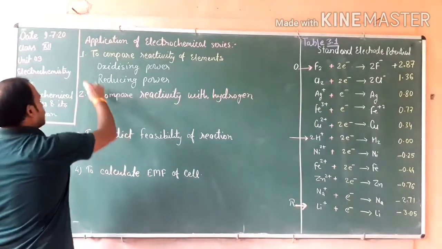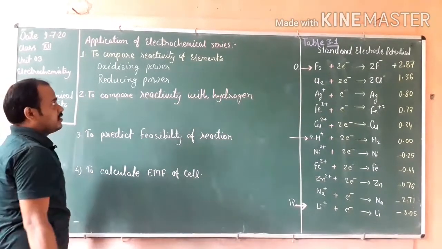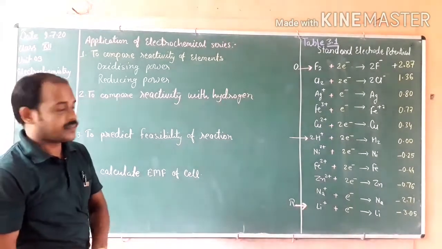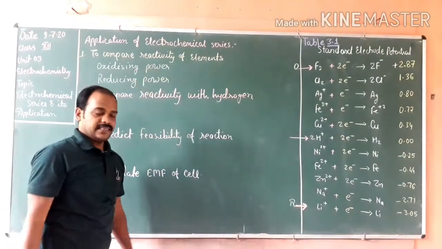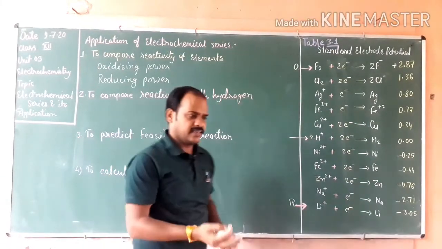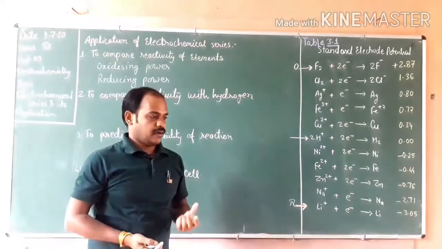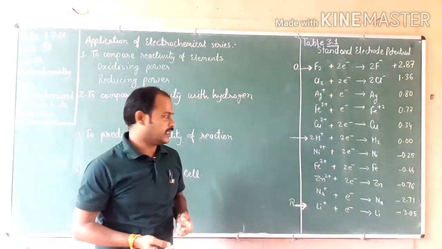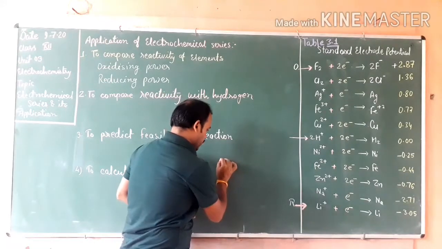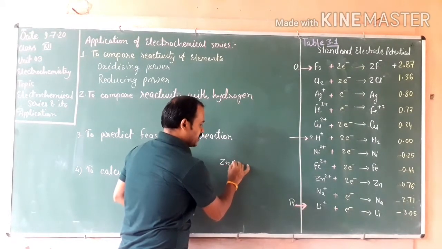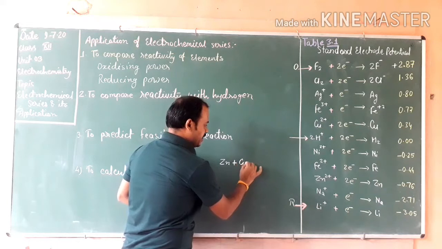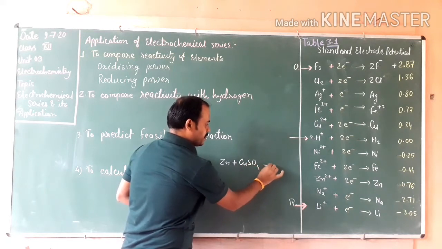So the first application is to compare the reactivity of elements. In class 10 we studied a single displacement reaction. In that reaction, zinc was dipped in copper sulfate solution.